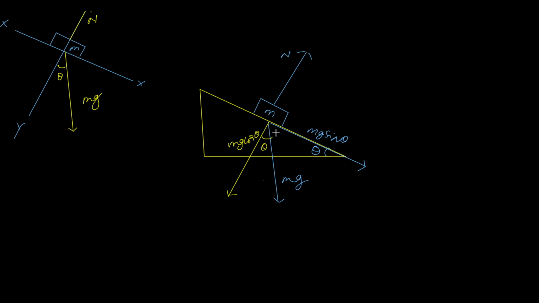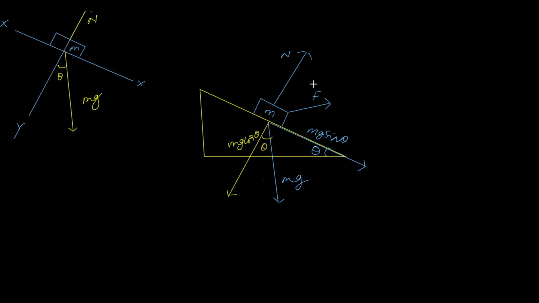So to make it a little different in this one, we are going to consider one force which is being applied to this system in this direction. Okay, so a force of magnitude F is acting in this direction.